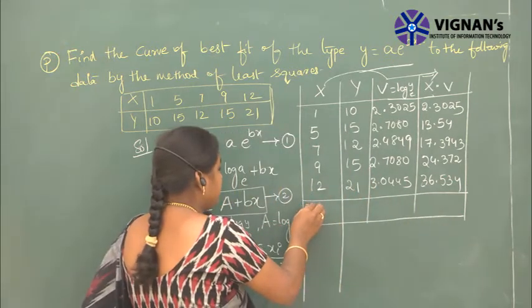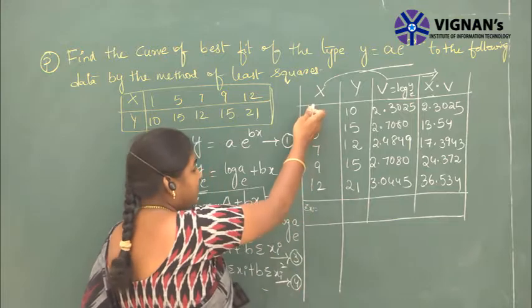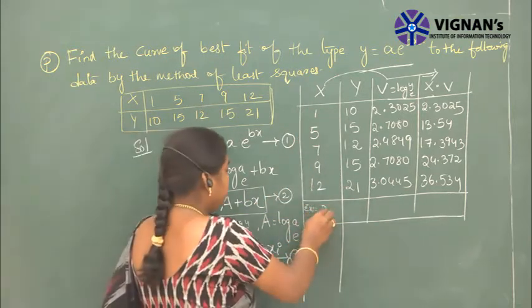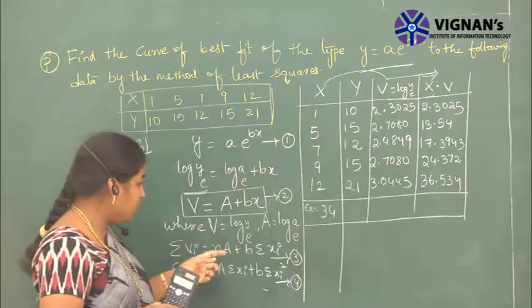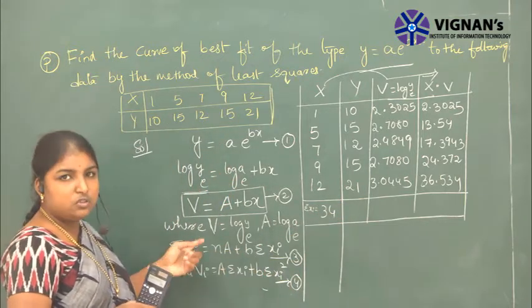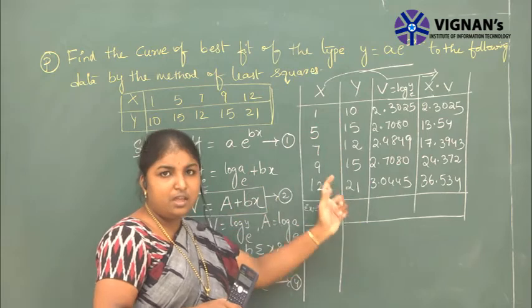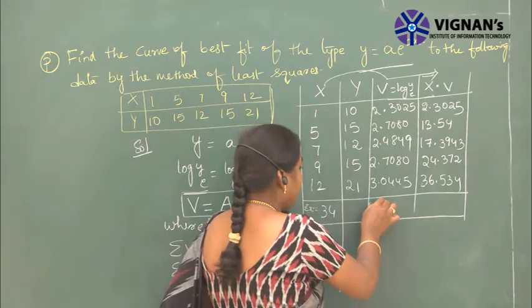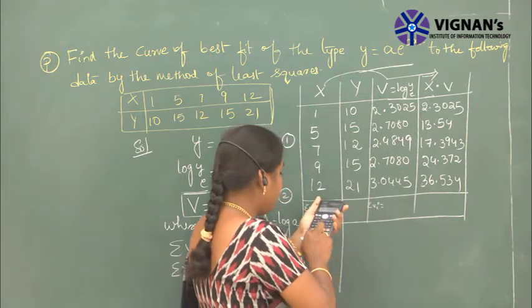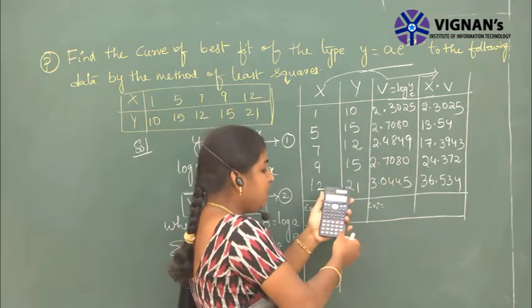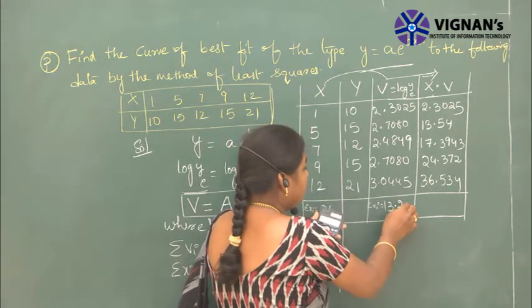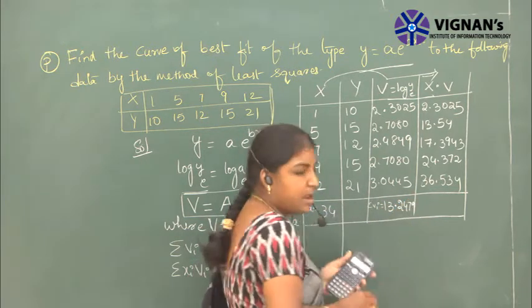So now we are taking the summation of all these values. Summation xi, that means adding all the values in x, is 34. Next we want summation vi; we don't want summation y, so we are not finding that one. Summation vi, adding all these values, we get 13.2479.